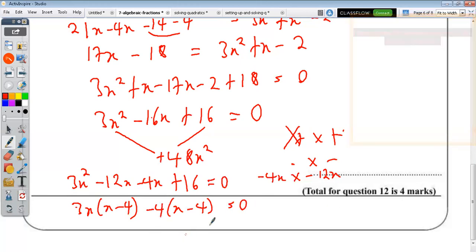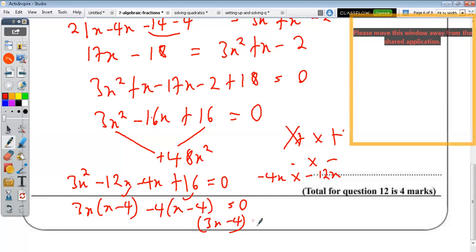So now it means 3x minus 4 brackets x minus 4 is equal to 0, which means x minus 4 is equal to 0, or 3x minus 4 is equal to 0.